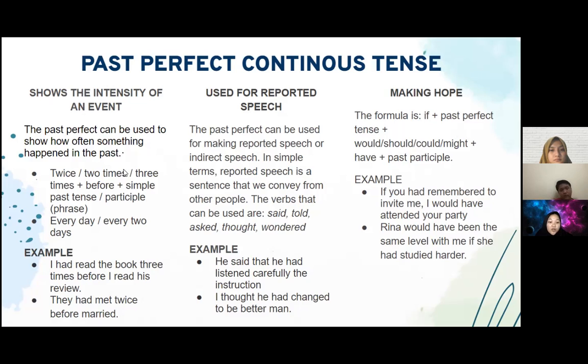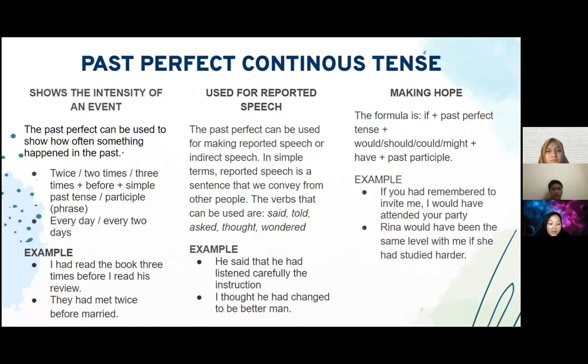And so, showing the intensity of an event. The past perfect can be used to show how often something happened in the past, twice or two times, plus before plus simple past tense.